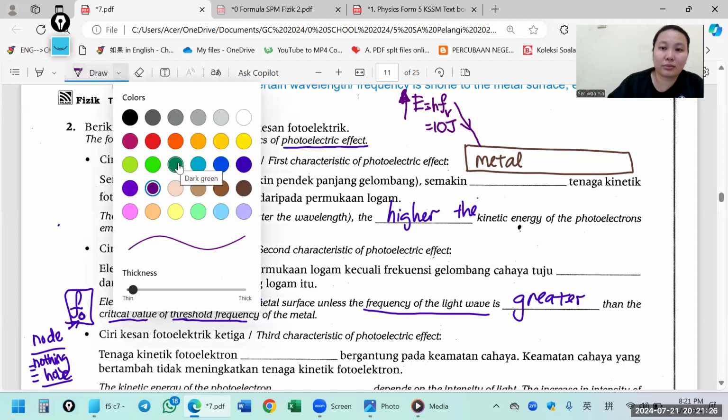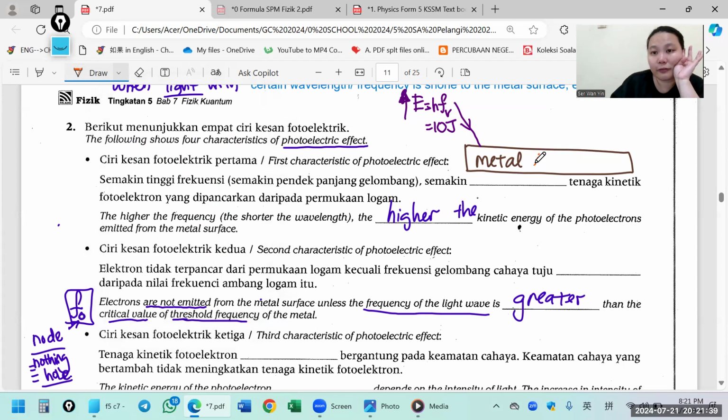So when it shines on the metal surface, this metal surface needs to spend 4 joules of energy to break the bond. Now we say the 4 joules is called work function, W naught. W naught equals hf naught.